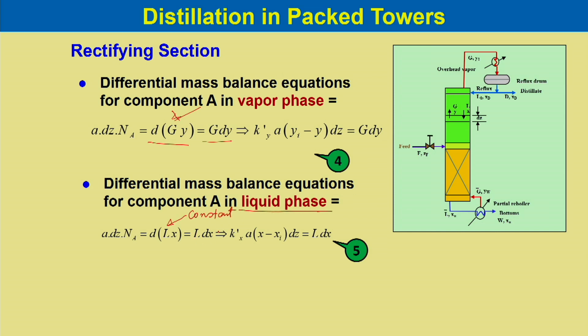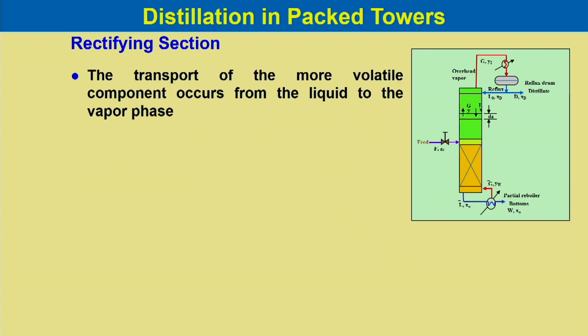So, in that case we will have L into dx. So, from here we can write Kx dash a into (x minus xi) into dz would be equal to L dx, which is shown in equation 5. Now, the transport of the more volatile component occurs from the liquid to the vapor phase.